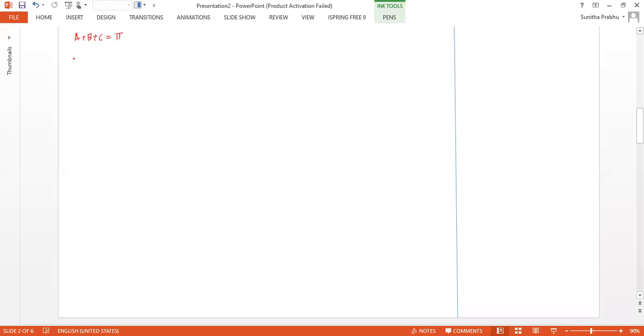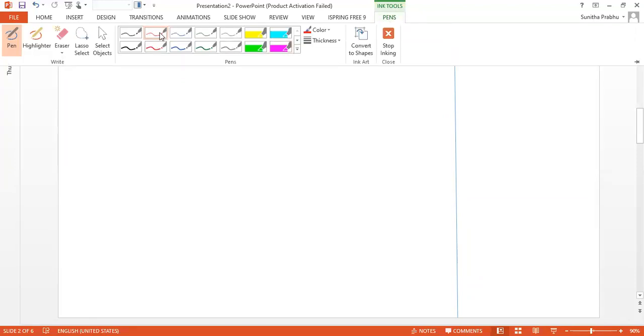Prove that sine square A plus sine square B plus sine square C is equal to 2 into (1 plus cos A cos B cos C). Okay? So what we have to do here is use the same identities only, right?